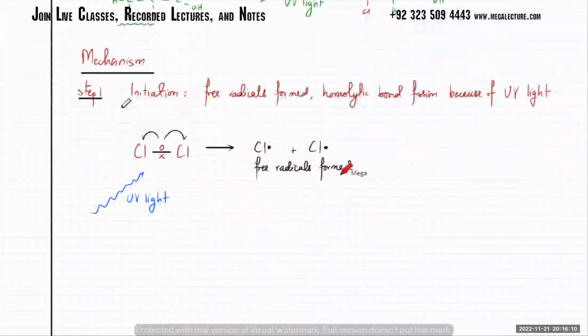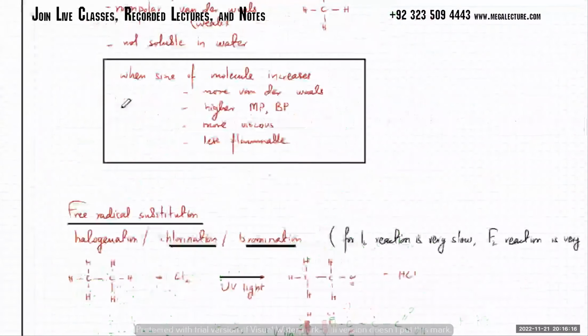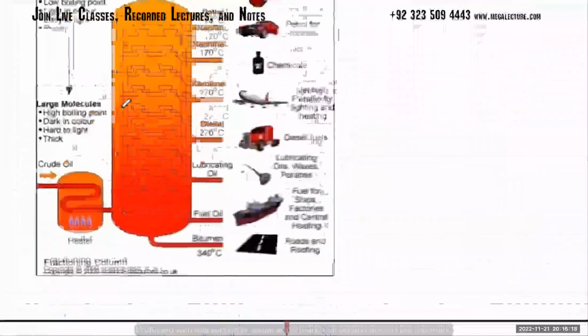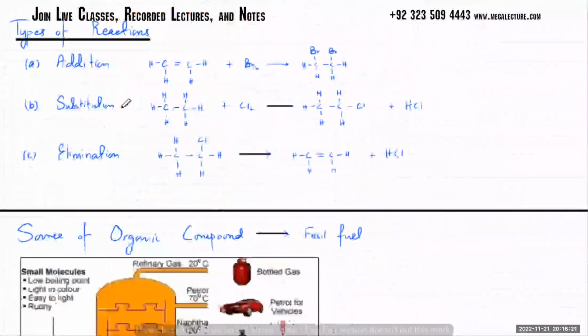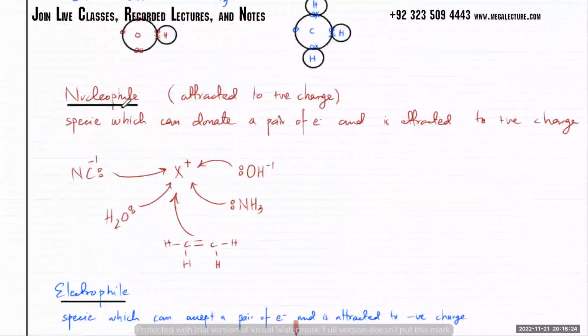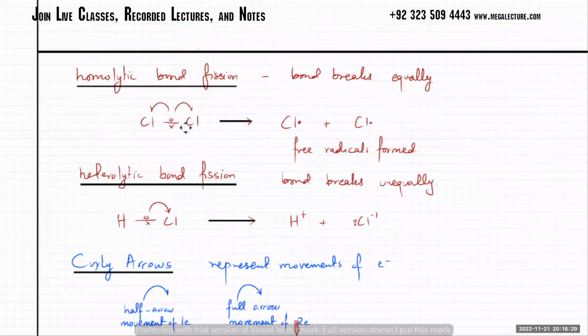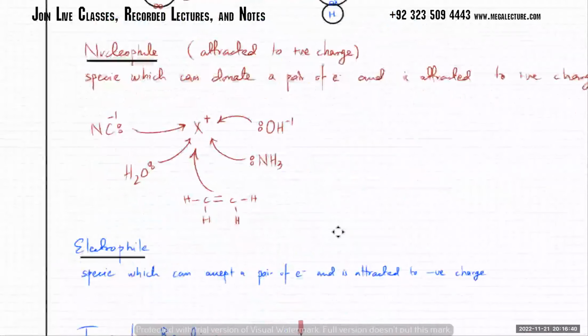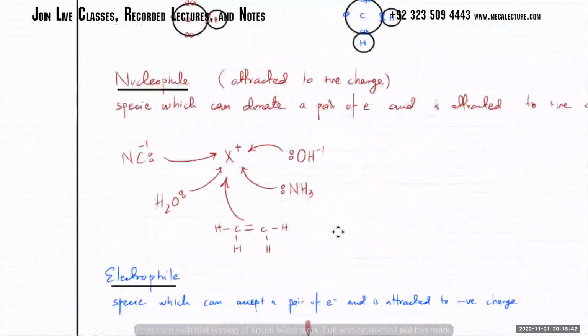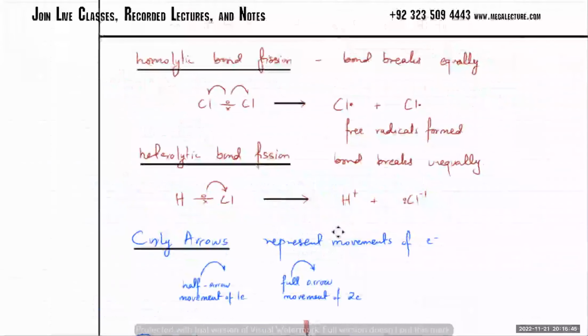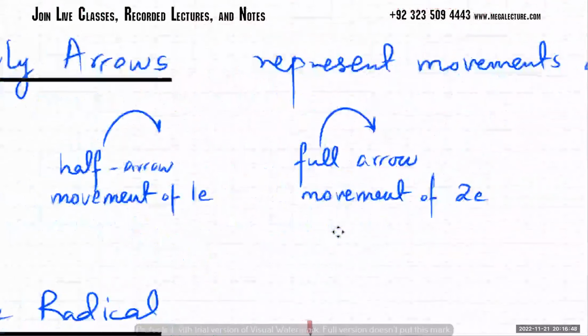Sir, what is homolytic bond fission? We studied homolytic bond fission last time. I had taught some terms. Here, these curly arrows: homolytic bond fission is when the bond breaks equally. Heterolytic bond fission is when both electrons go to one atom, so the bond breaks unequally. And I told you that a full curly arrow represents the movement of two electrons.